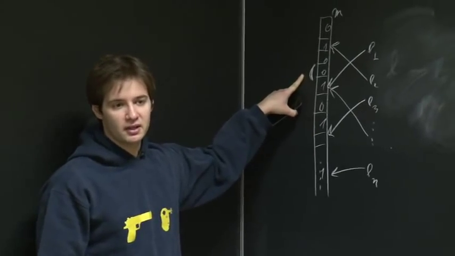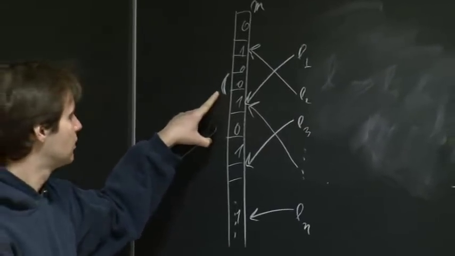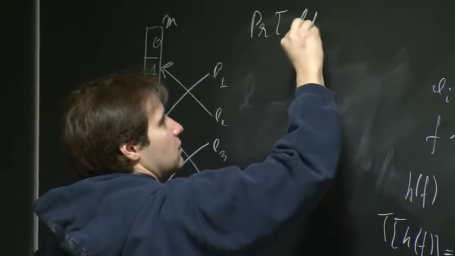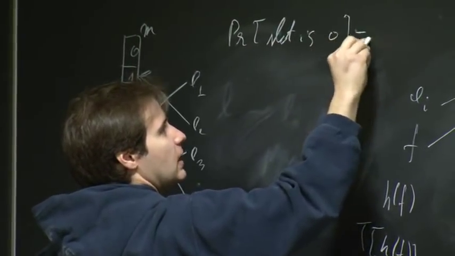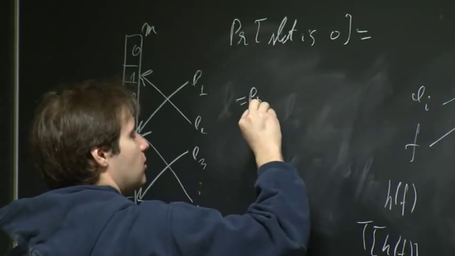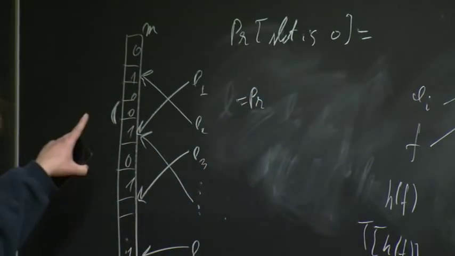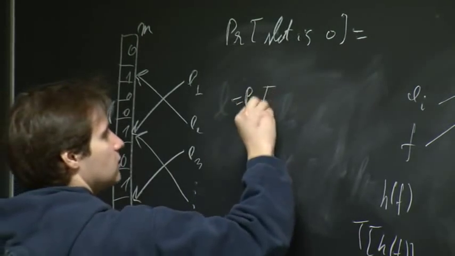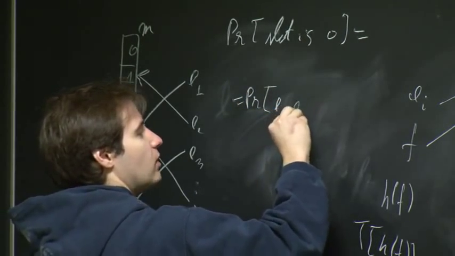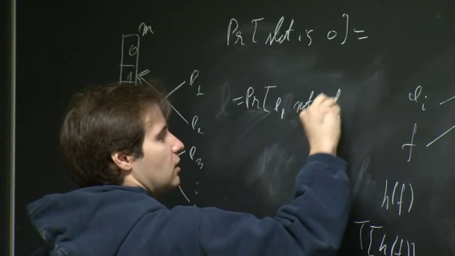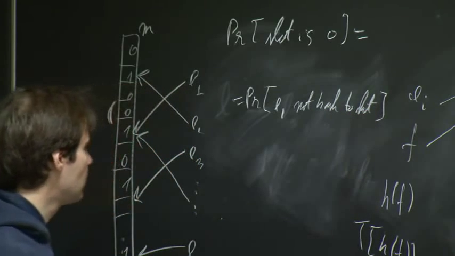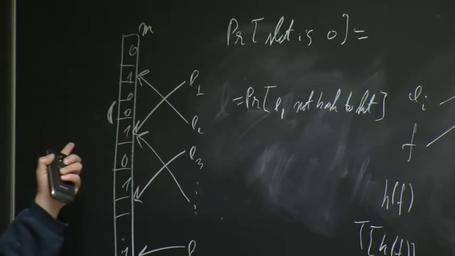What's the probability that it's a 0? So the probability that the slot is a 0 is the probability that the first number didn't map to it, right? Otherwise, it would be a 1. E1 didn't hash to that slot. E2 also couldn't map to that slot, right?